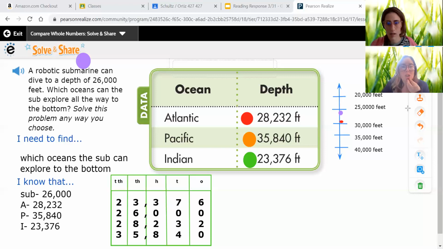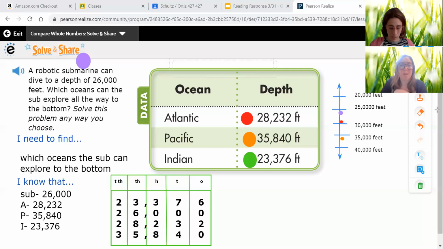The next ocean they tell me about is the Pacific Ocean, which you represented with an orange circle. The depth of the Pacific Ocean is 35,840 feet. I'm definitely putting that under this line here for 35,000 feet. Yes, because 35,840 is greater than 35,000 feet, but less than 40,000.